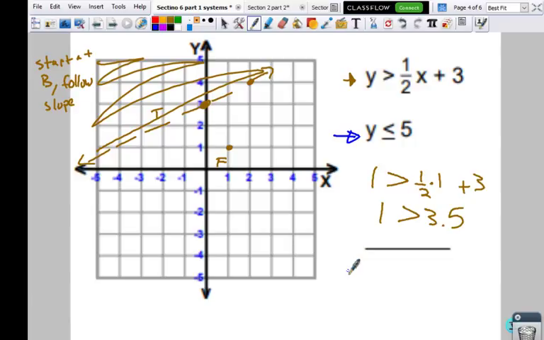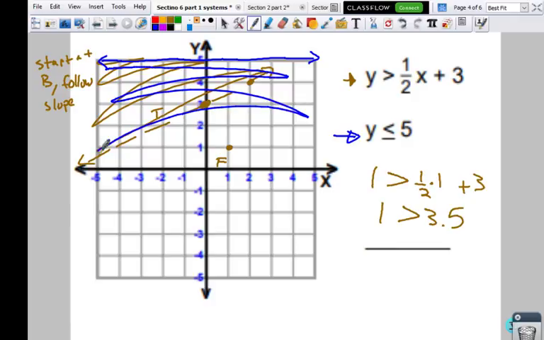Okay, so I'm going to go up here to 5, and I'm going to make my left and right line. It's going to be solid. Okay? Which side am I going to shade? Which side has numbers less than 5? Top or bottom? Y is less than 5, right? Am I going to shade up here or down here? Down here, right? Okay? So I'm going to shade that in.